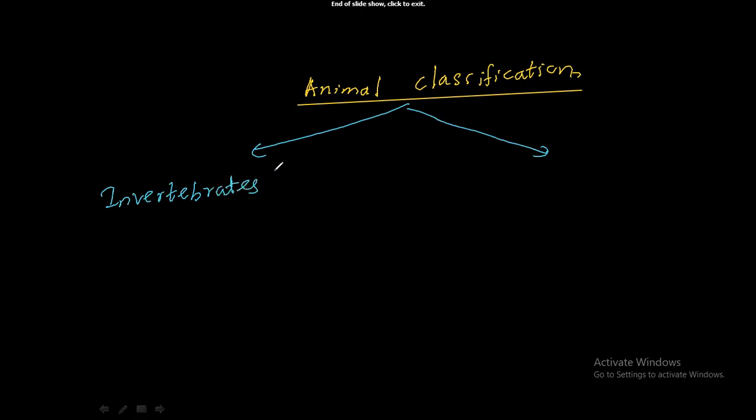Invertebrates means animals without a vertebral column, backbone. Vertebrates are with a backbone, with the vertebral column. Here without a vertebral column in invertebrates. Then we talk about how many phylums here? Four are here.